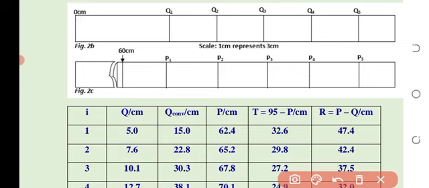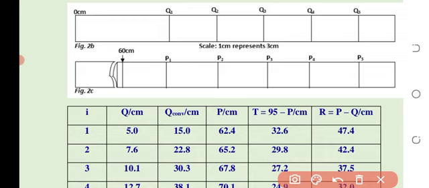Okay, again, you pick up your ruler. As you can see, on the scale 1 centimeter represents 3 centimeter. I would advise that you use a ruler that is graduated in centimeter also. So for the first value of Q, as you can see, i represents our serial number.